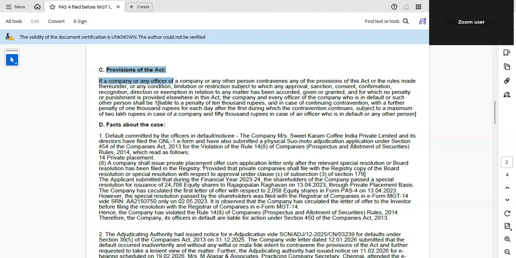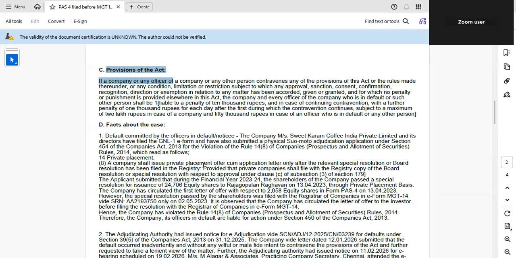This is an incorrect sequence under Rule 14, Sub-Rule 8. PAS 4 must be issued only after filing of MGT 14. This is a violation. The company circulated private placement offer letter before filing of the resolution with ROC. This resulted in violation of Rule 14, Sub-Rule 8 of the private placement rules.